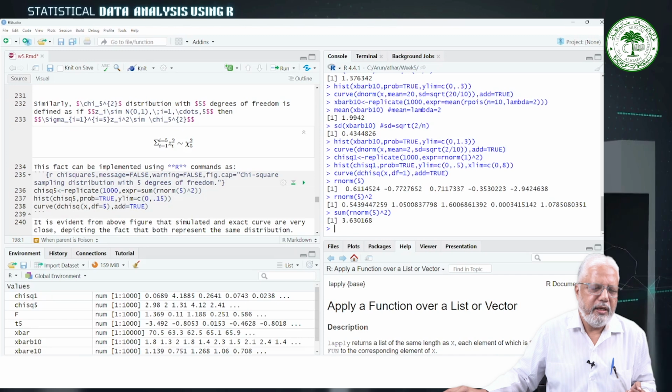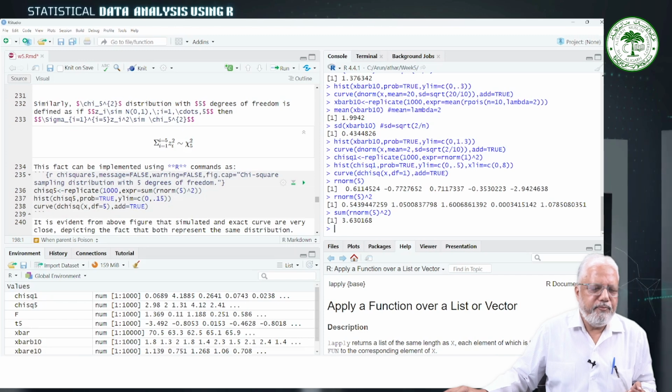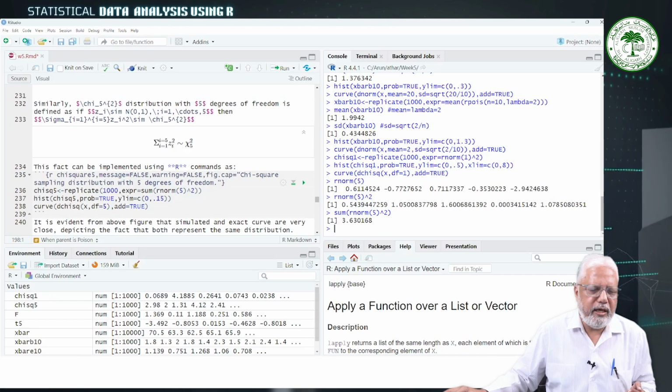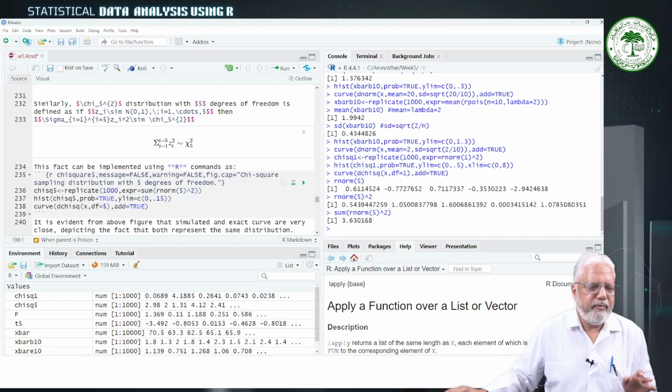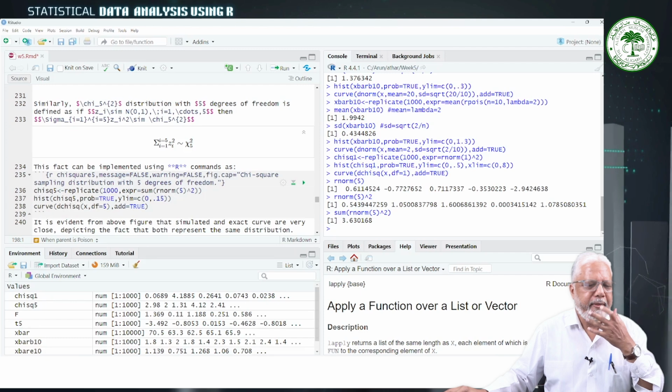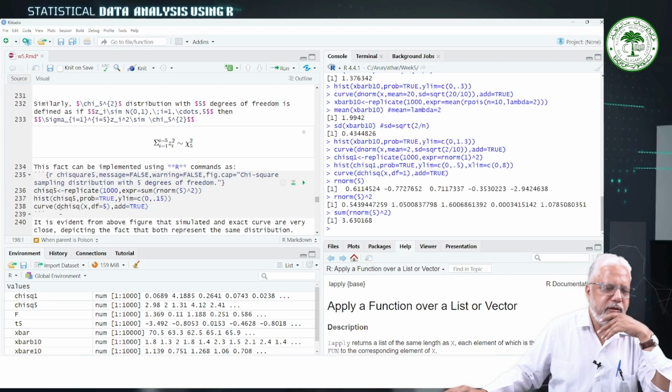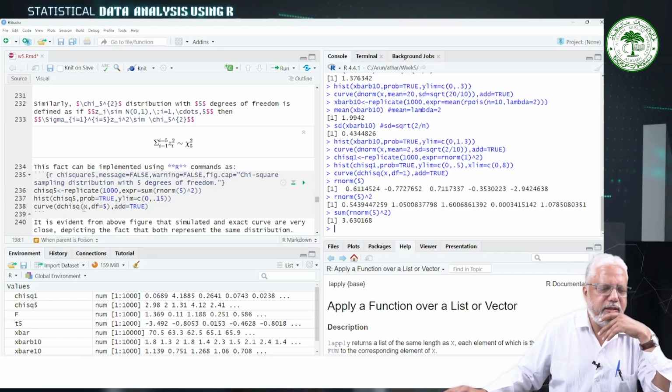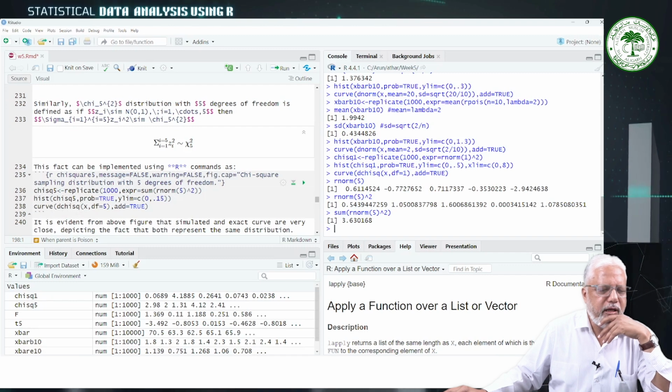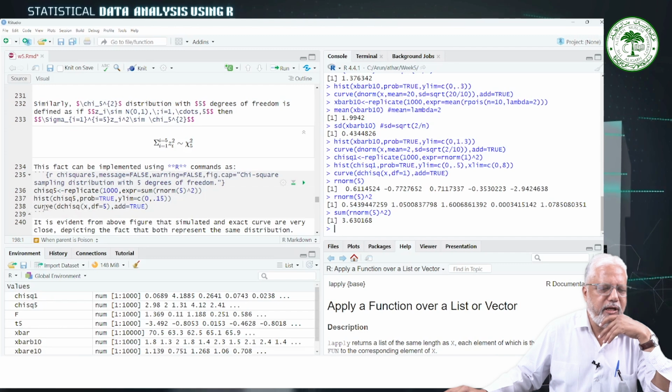So we have 1000 chi-square 5 deviates, and this is the histogram based on that, and this is the curve dchisq(x, df = 5, add = TRUE). We write x here because it comes with curve; whenever we write curve, it should always be x.